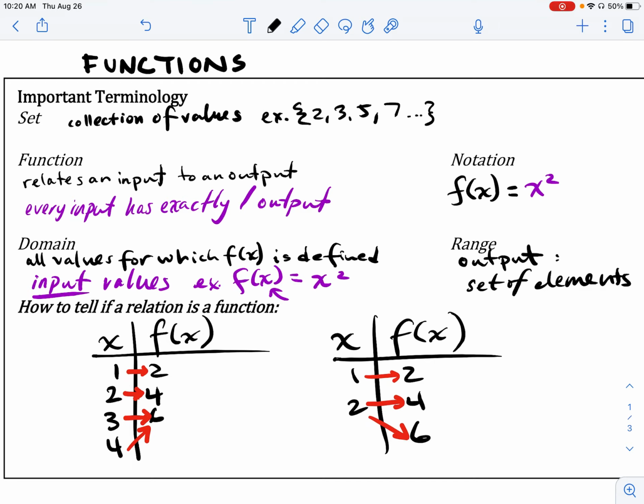So it's a relation between two different sets of values. And a set of values, again, is just a collection of values. And whenever one collection gets connected or related to another, we have what could be a function. Now I say could be because there's a specific condition for something to be a function and not just any other relation. We'll get to that in a second.